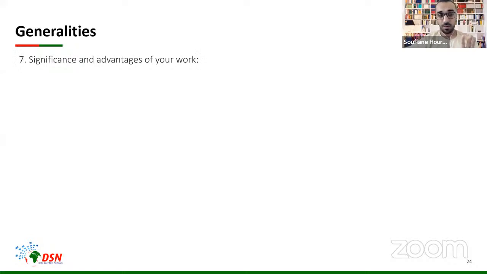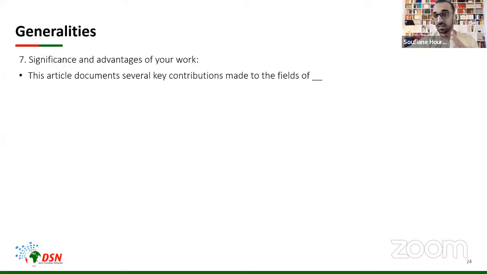Now after that we need to present the contributions. Before that, we presented the goal, the general idea and the general aim of the paper. Now we need to present the contributions: what's new technically. For example, this article documents several key contributions made to the field of computer science.